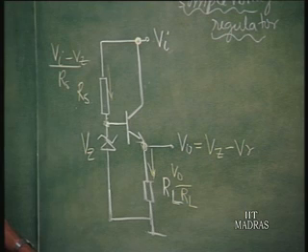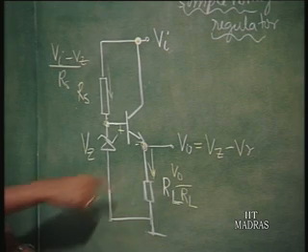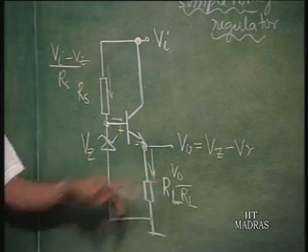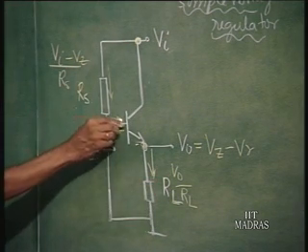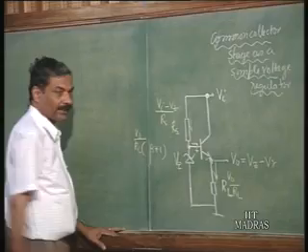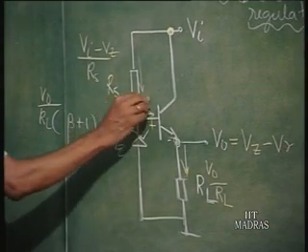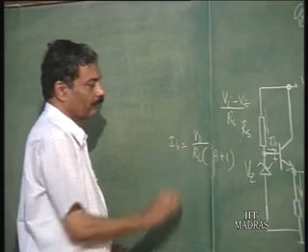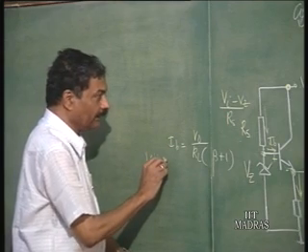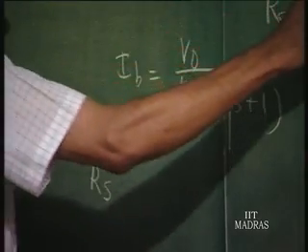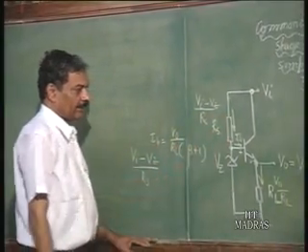What happens? As this changes, V naught by R L changes, because this is what is delivering the load current. So, the base current of the transistor is V naught by R L divided by beta plus 1, that is the emitter current. So, this is the base current. So, V I minus V Z divided by R S, that is the input current to the Zener.